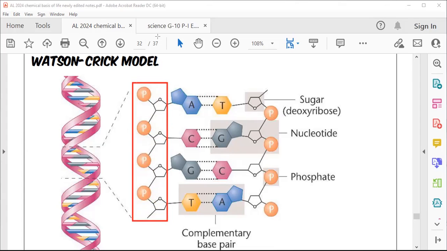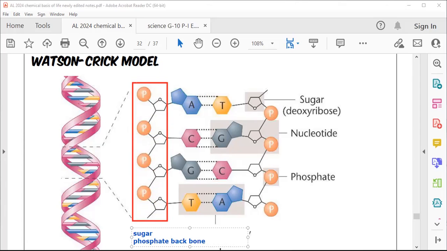Finally, look at this. If I take it like this, what are the components coming here? Nitrogen bases are excluded, correct? Am I right? Yes, sir. This component is called the sugar phosphate backbone.